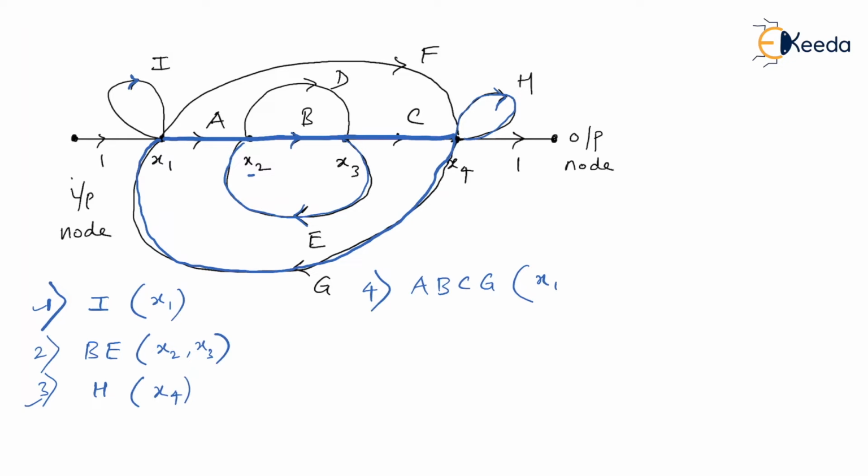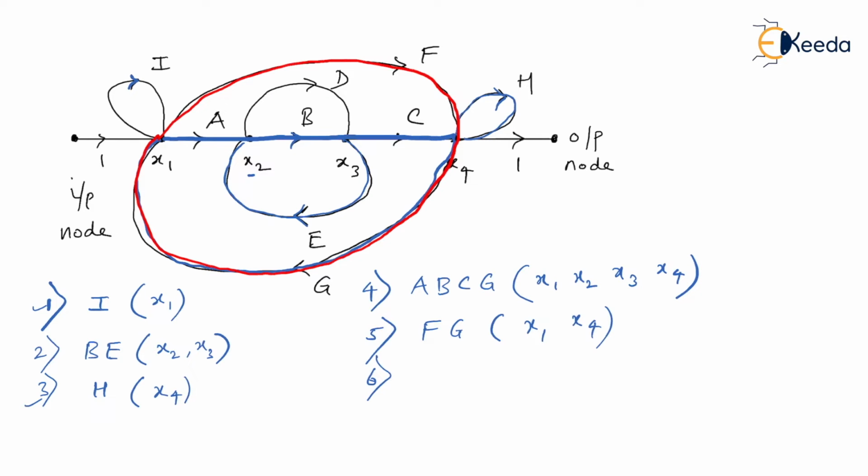By observation, I can say x1, x2, x3. Let's see if there is any other loop possible. I can take this as the outer bigger loop, that is F, and then getting back via G. As you can see, it is involving two nodes, that is x1 and x4. The gain for this is FG, involving two nodes together, x1 and x4.